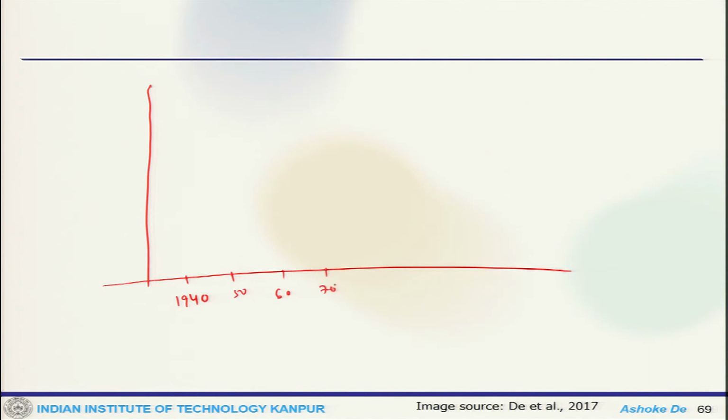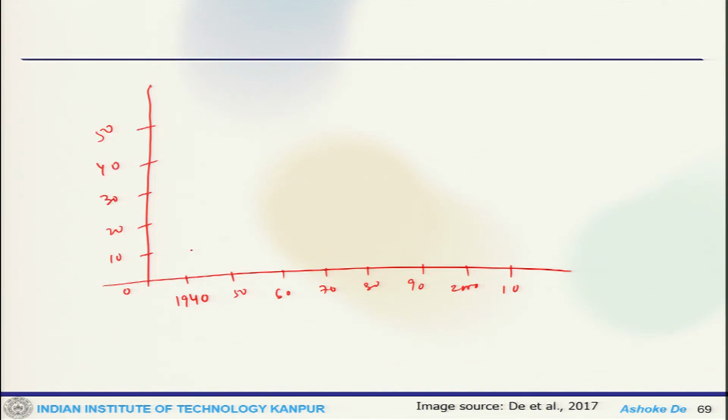If we plot, they started with somewhere 1940, then 50, 60, 70, 80, 90, 2000, 10, and this way it goes 10, 20, 30, 40, 50.